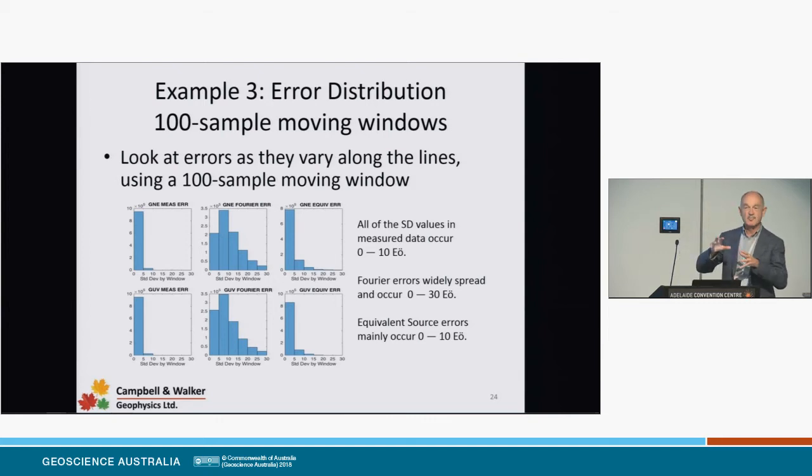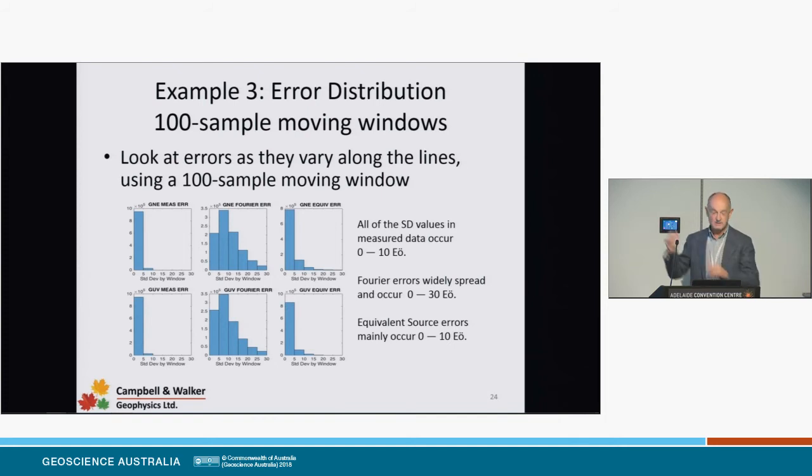My only complaint with the line-to-line estimation of noise is that it is based on a line, and it doesn't matter if the line is 6 kilometers long, as these were, or 600 kilometers long. You get this one number. So we said, let's take 100 samples. I forget now why we used 100 samples, but we just did.